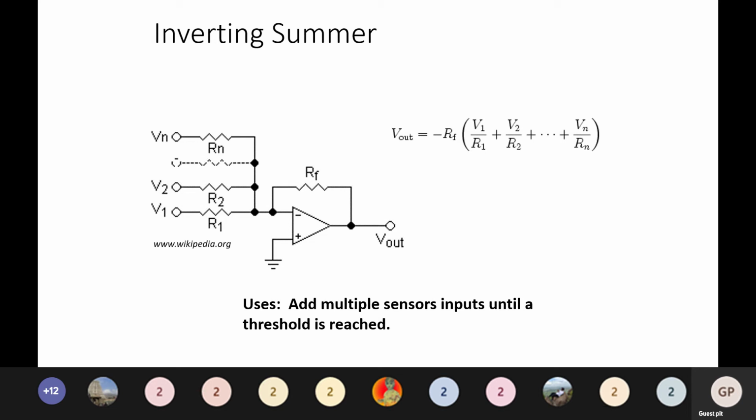That is, output will be minus of gain times the input. So the same concept here also. You can see this is the final expression. Output V naught will be equal to minus, this negative symbol is because of this inverting summer, so minus of gain times the sum of the input signals. And this is what we call the inverting summer. So let us see what will be the expression for this. We'll derive the expression.